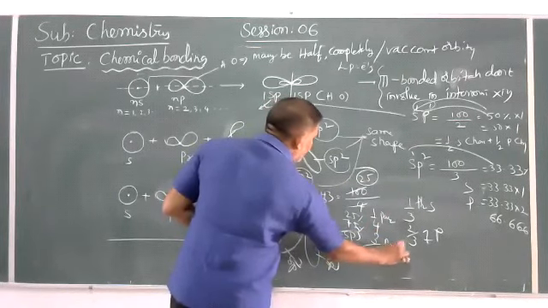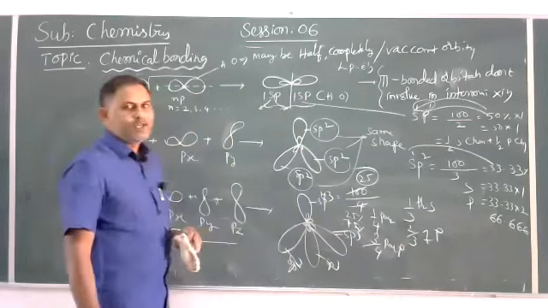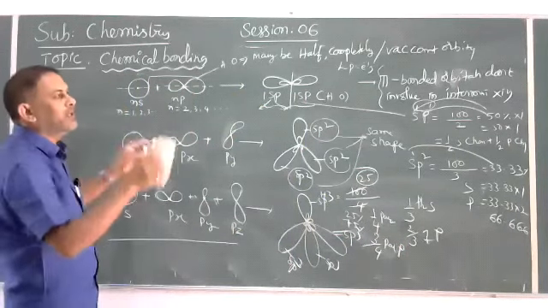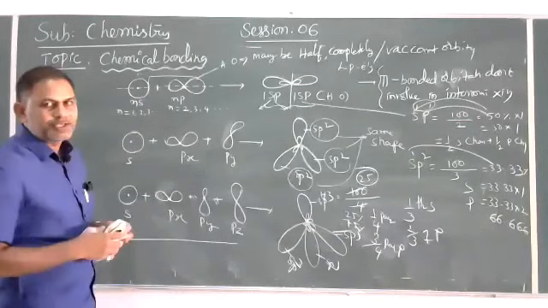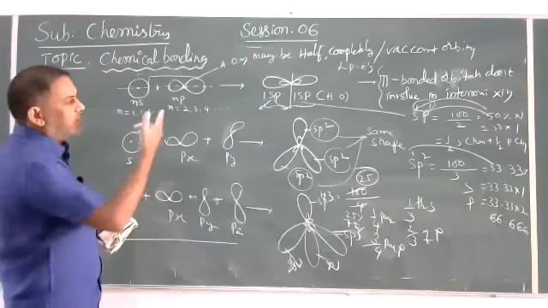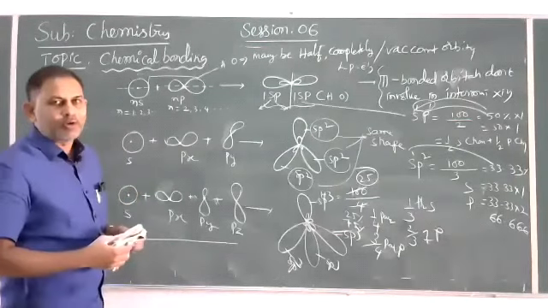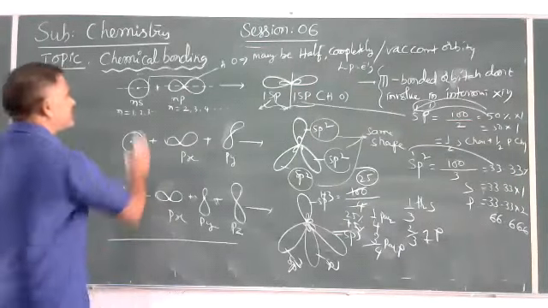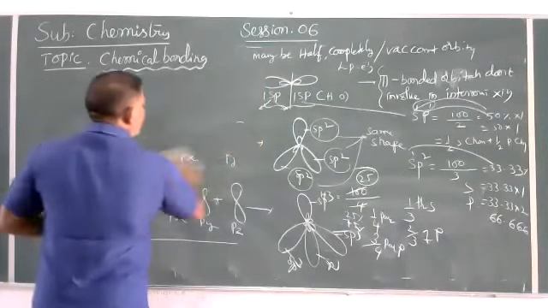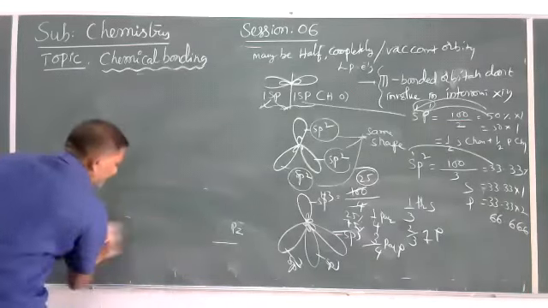So in this manner, in the hybridization concept, we create an important table based on the hybridized orbitals, number of lone pairs and bond pairs, shape of the molecule, and bond angles. Percentage of s character, p character, everything goes into this important table. Just observe it.